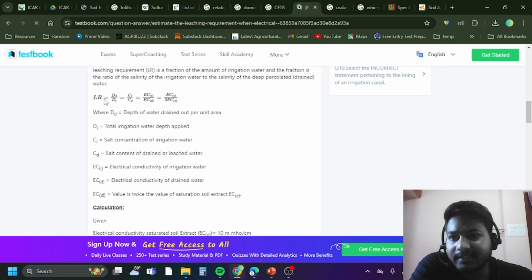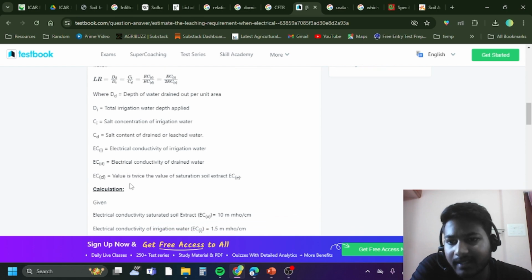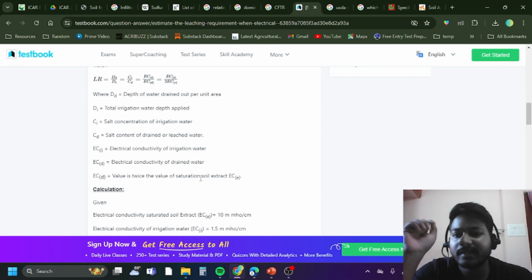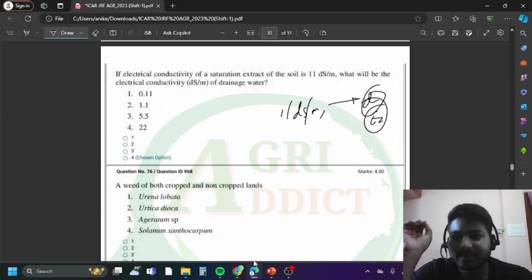Leaching requirement is equal to Dd divided by Di, or ECi divided by ECd, or is equal to ECw divided by 2 ECe. So ECd, that is EC of drainage water, is twice the value of the saturation soil extract. Whatever the saturation soil extract EC value is, drainage will be twice. So we simply multiply by 2, that is 22. Answer is 22.